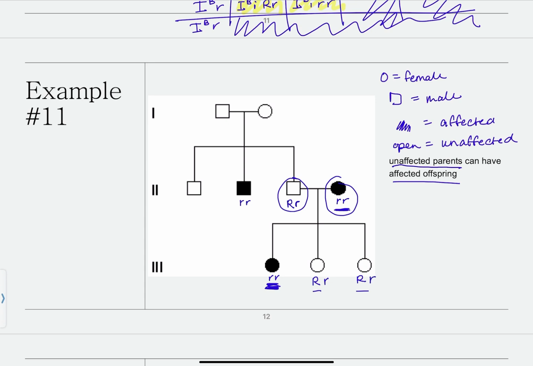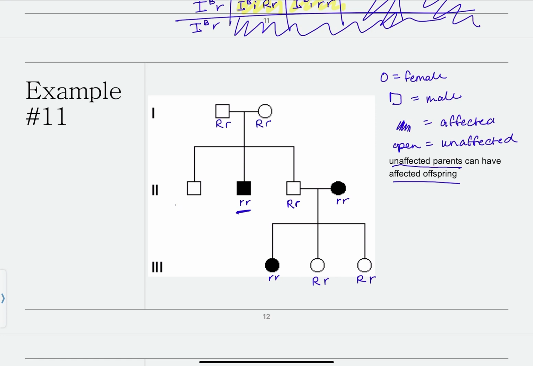So we were able to determine at least this portion of the genotypes. Okay, so now let's move on. Same thing here. We have this son who had 2 recessive alleles, which means he had to get 1 recessive allele from mom, 1 from dad. Dad and mom are not affected, so they have to have at least a dominant allele as well.